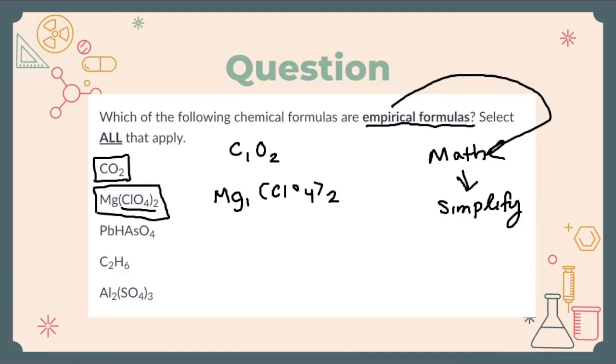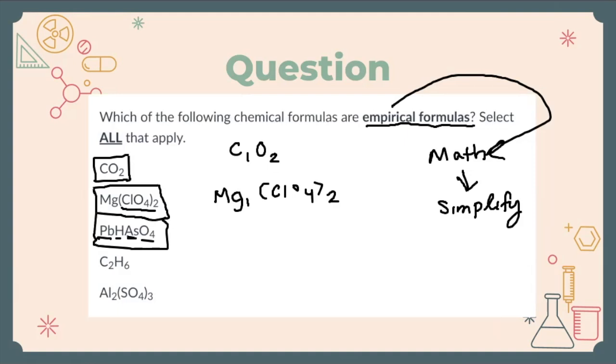So we have Pb, we have H, we have As, which is together, and then we have oxygen, which is 4. So here you're looking at 1 of Pb, 1 of H, 1 of As, and 4 of O. Again, we have 1, 1, 1, and 4. There's nothing that we can divide all those numbers by to get a simpler format. So again, this is also an empirical format.